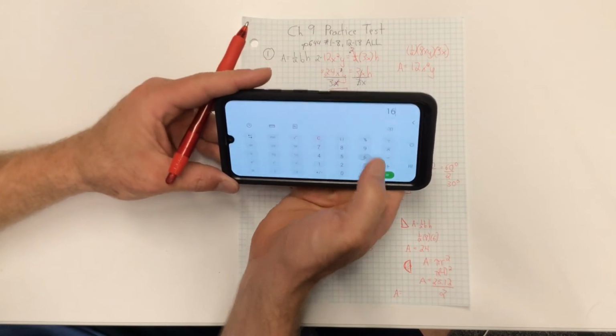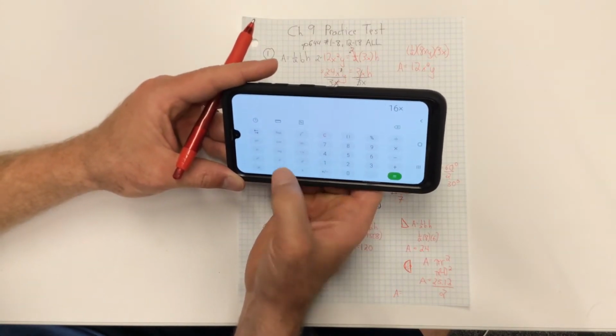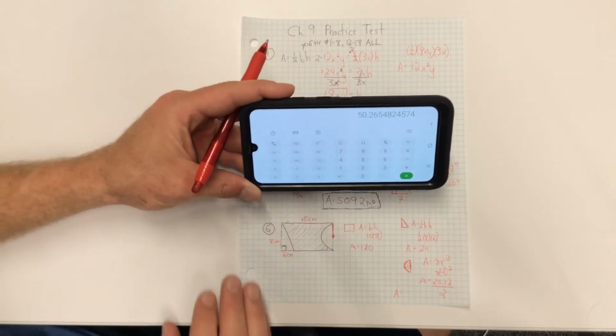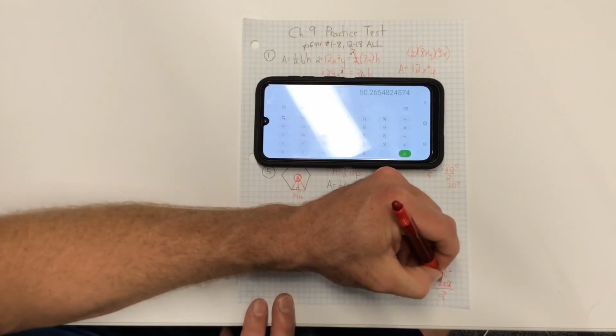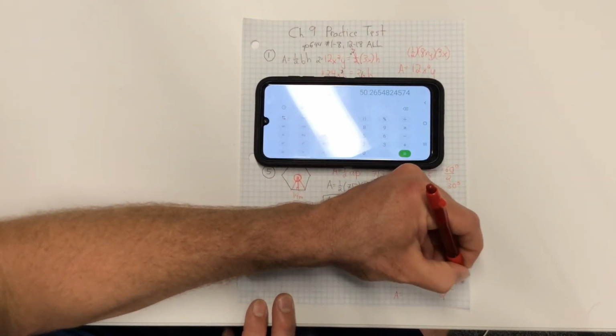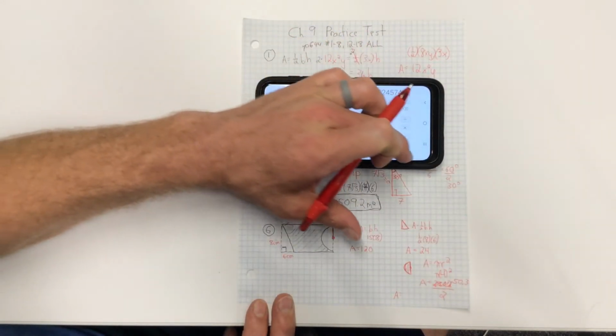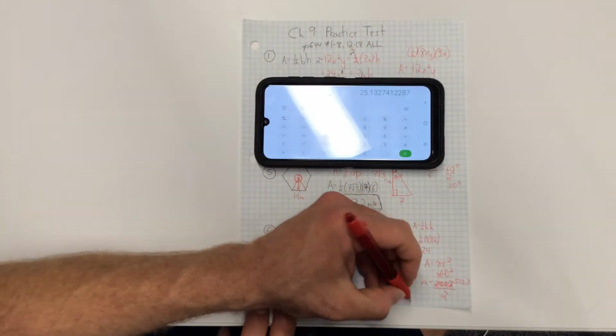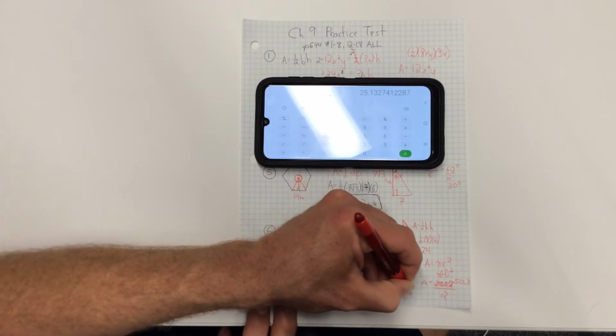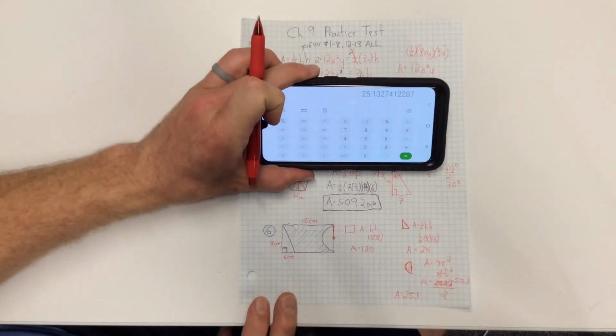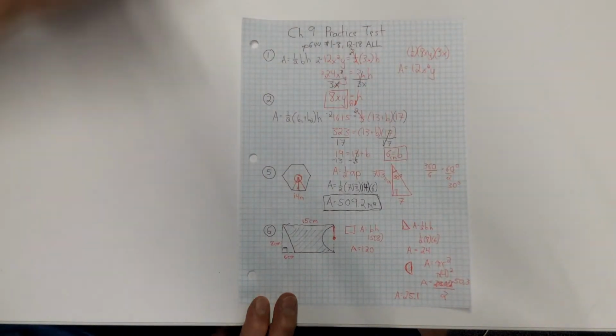We got 16 times pi, that's right. So the full area is 50.3, actually, and then that's what I want to divide by 2, and so 25.1 is the area of the semicircle. Sorry, I was skipping the calculation there.